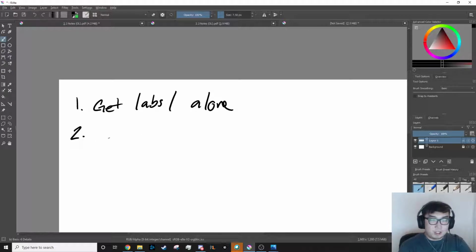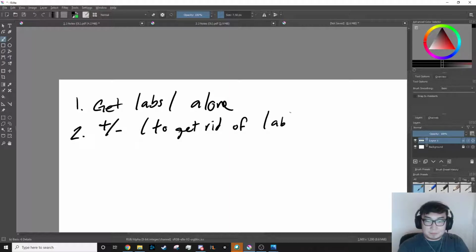Step two was to make a positive and negative version, and this was the step to get rid of the absolute value. You had to make a positive and negative version of the thing that's not in the absolute value.